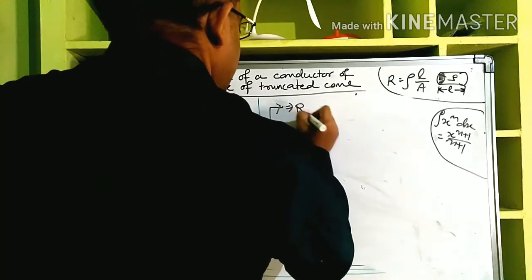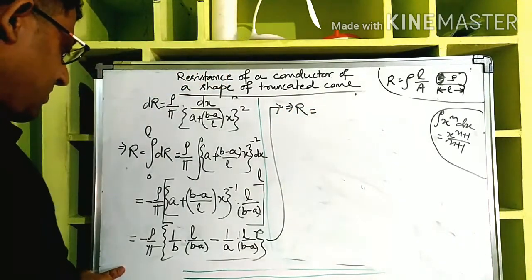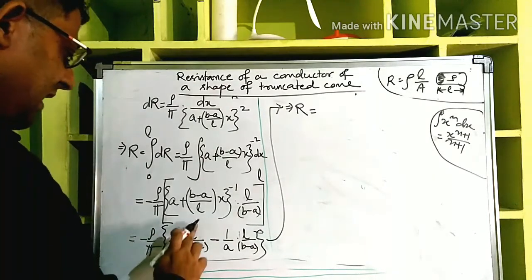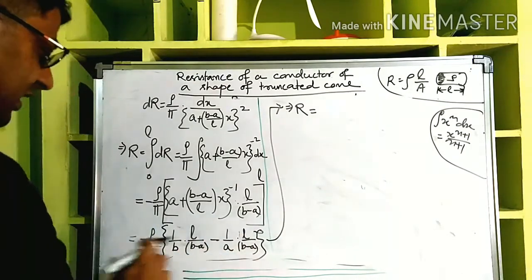From here I am writing that R is equal to minus rho by pi. L by B minus A is common, I can take it out.